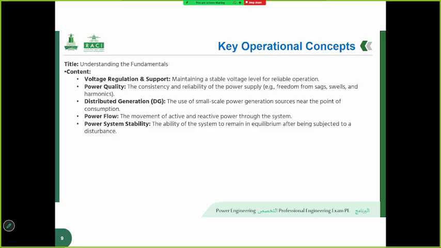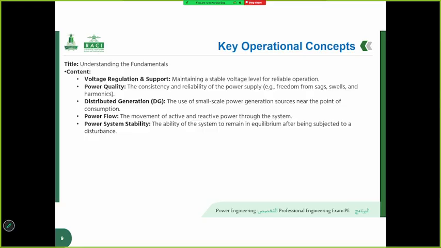A stable voltage is crucial for the proper operation of electrical equipment. If the voltage is too low, equipment may not function correctly or could be damaged. Conversely, if it is too high, it can lead to insulation breakdown and equipment failure.